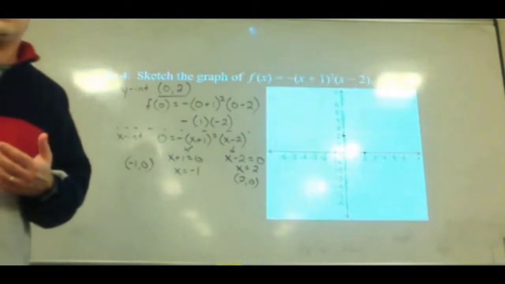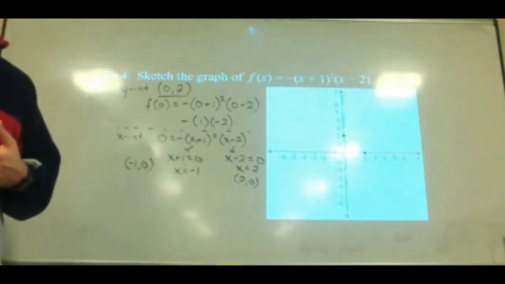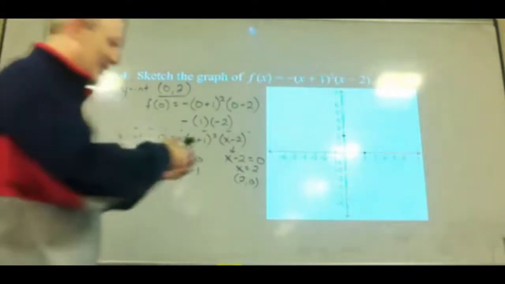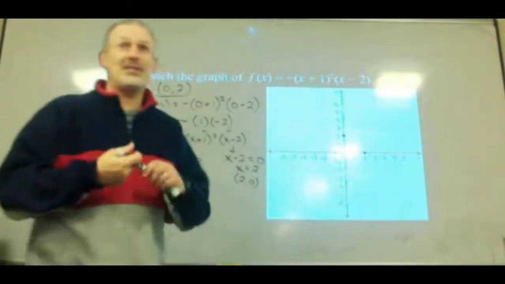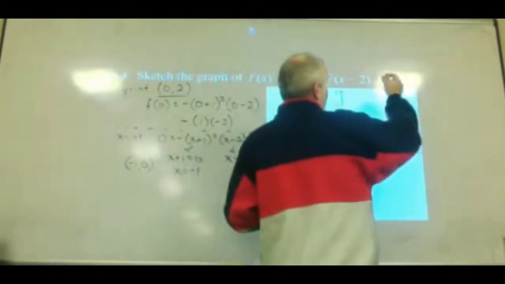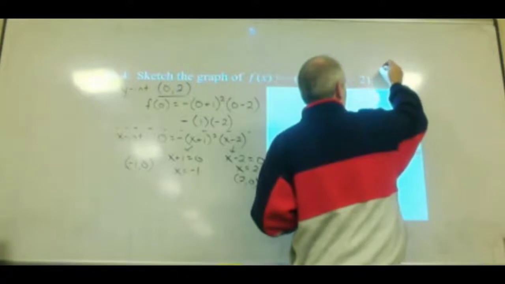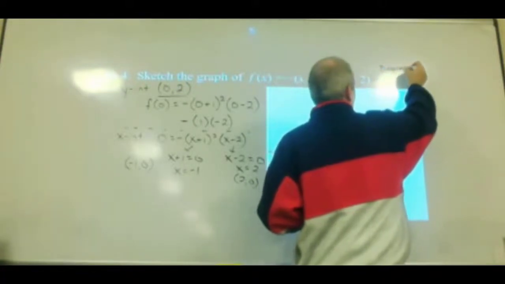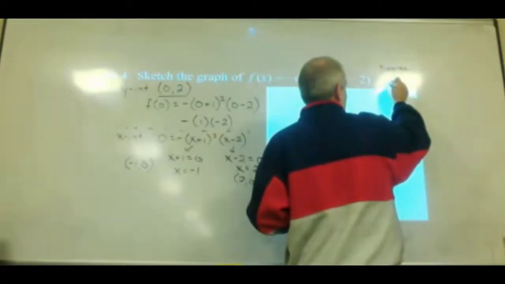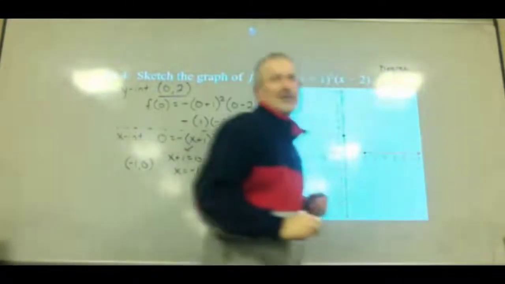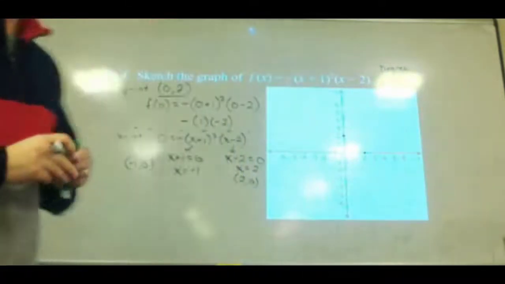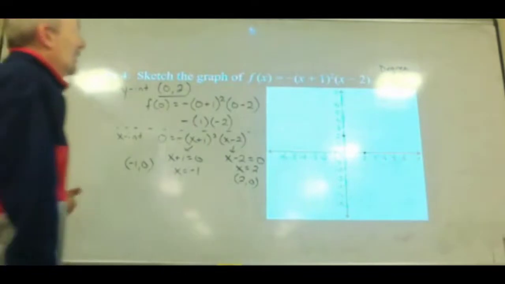We had something called the leading coefficient test. And if you didn't watch the video, you probably want to go back and watch the video. In order to do the leading coefficient test, we had to look at 2 things. We had to look at the degree of the function, and we had to look at the sign of the leading coefficient. That's my abbreviation for leading coefficient. I don't want to write it all out because it's 2 really big words.